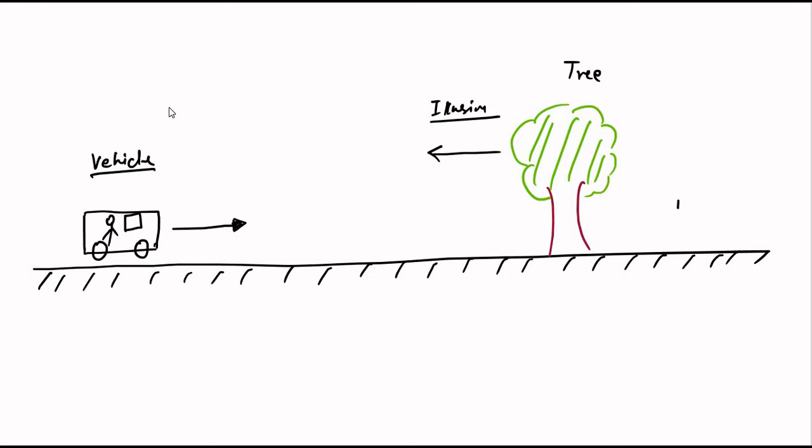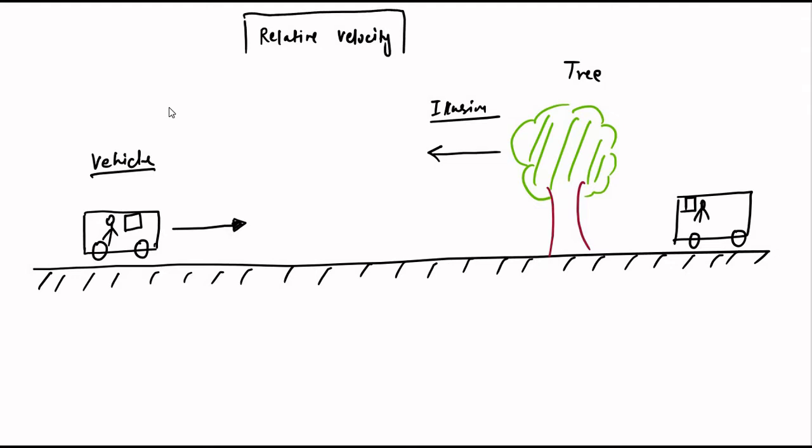Then it crosses the tree, and when the person looks behind, it appears as if the tree is moving away from it. So when it is approaching the tree, it appears as if the tree is moving towards it. When he crosses the tree, it appears as if the tree is moving away. So this is the concept of relative velocity.